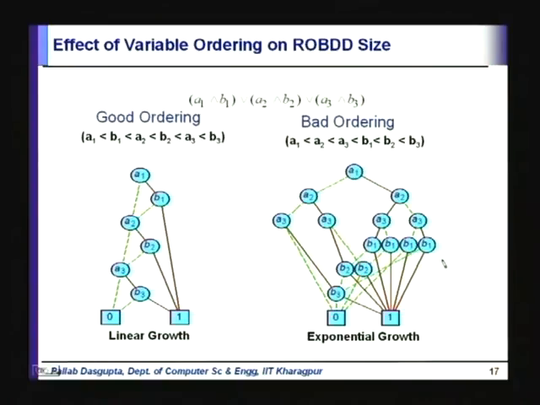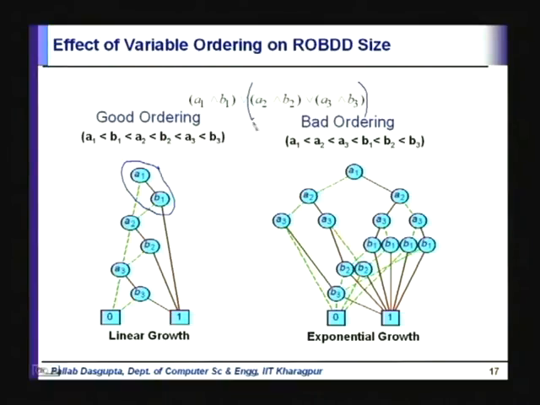Now, you see this one has many more nodes. Intuitively for this example, what we are doing here is taking A1 and B1. So this part represents A1 and B1. If A1 and B1 are both 1, then because this is OR, this side gets resolved to 1 straight away, and this side is looking at this remaining function.